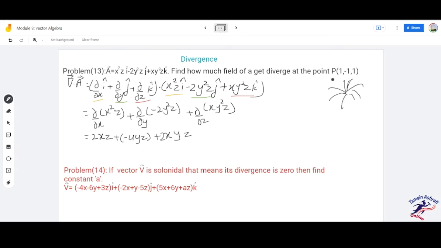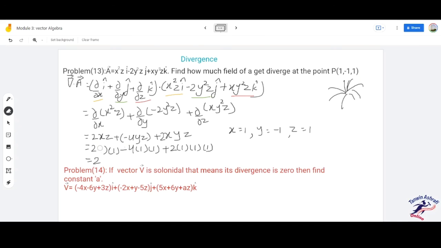Now we need to find the divergence at the point (1, -1, 1). In a similar manner, x is equal to 1, y is equal to -1 and z is equal to 1. If I put the values in the equation, 2 into 1.1, minus 4 into 1.1, plus 2 into 1.1.1.